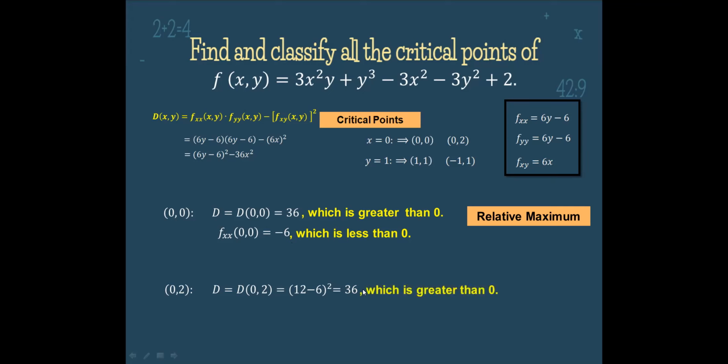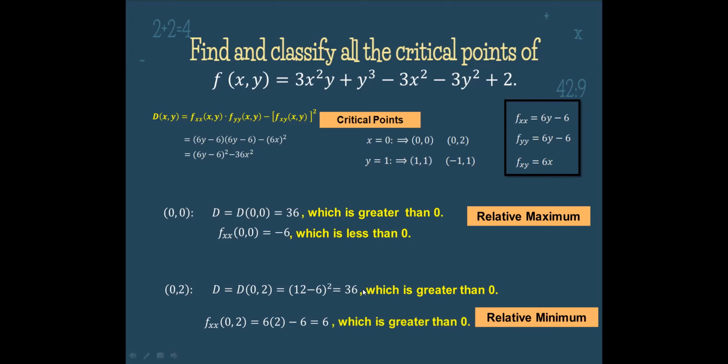This is again greater than 0. So what we need to do is evaluate the second order partial derivative of f with respect to x using the point (0, 2). Our y is 2, so 6 times 2 is 12, minus 6 is positive 6. So this time, this is greater than 0. If it is greater than 0, it is expected that this point is considered as our relative minimum.